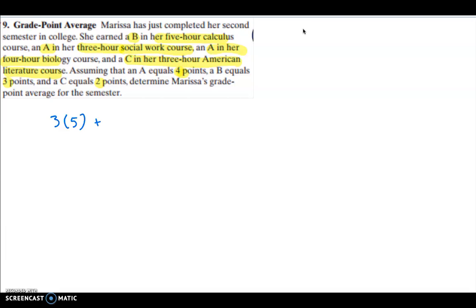Plus the next one was an A at 3 credits. Then the next one is an A, so 4 points at 4 hours, or 4 credits. And then the last one was a C, which is a weight of 2 in a 3-hour class.